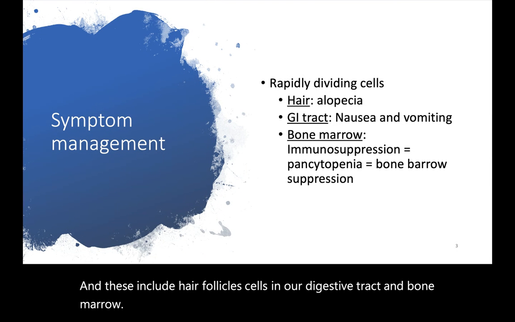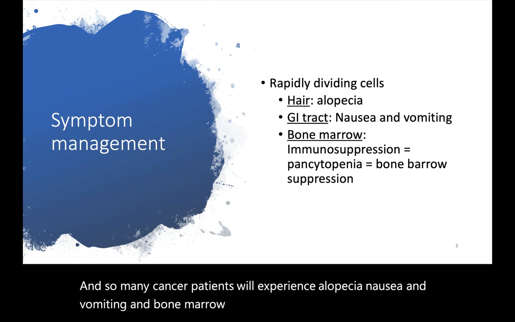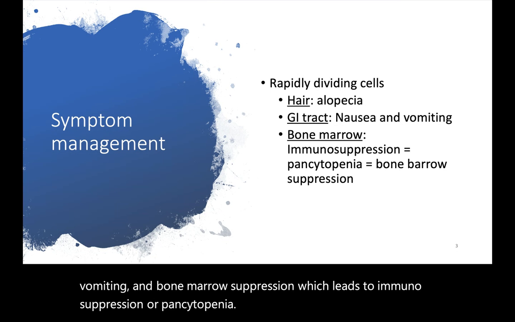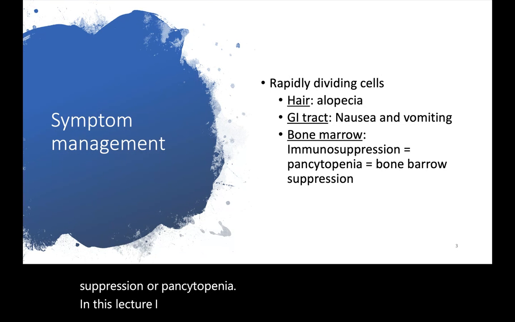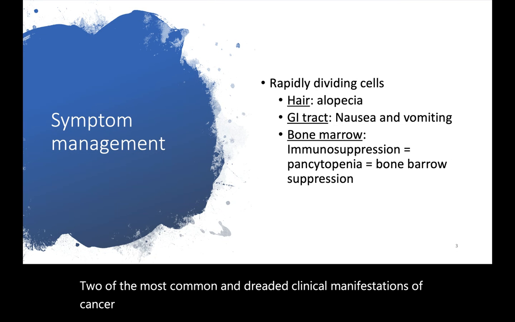And so, many cancer patients will experience alopecia, nausea and vomiting, and bone marrow suppression, which leads to immunosuppression or pancytopenia. In this lecture, I will be discussing two of the most common and dreaded clinical manifestations of cancer: nausea/vomiting and immunosuppression.